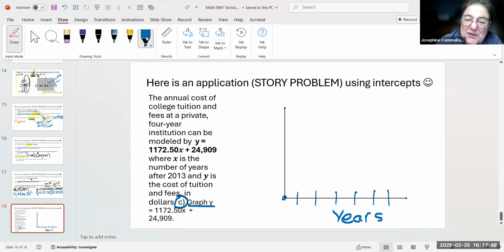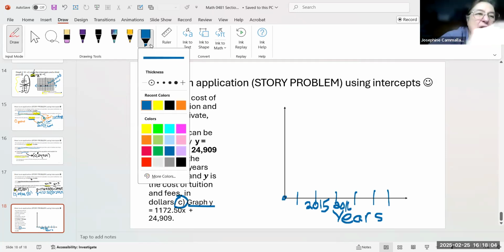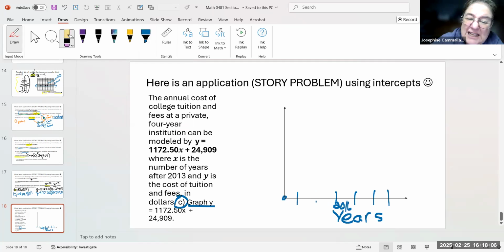This is years, but remember, this is 2015. This is 2016. We're not writing those. What you have to understand is this X is just going to be 2.